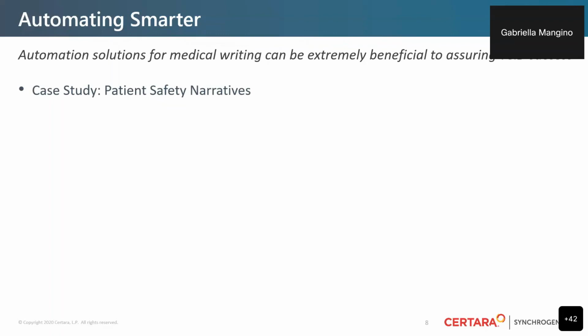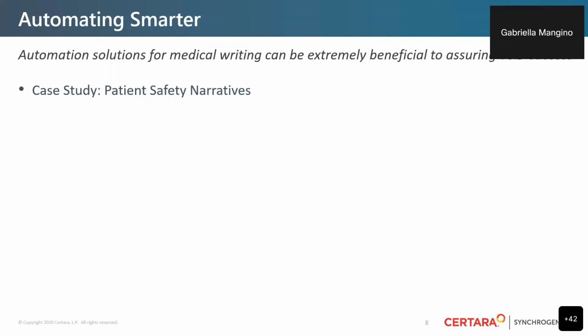So these patient narratives appear in clinical study reports, in the appendix, and if there are 500 patients in the study and 495 of them experience a serious adverse event in that study or any other criteria necessary for writing a narrative, that means 495 individual patient safety narratives are required for that particular clinical study report.